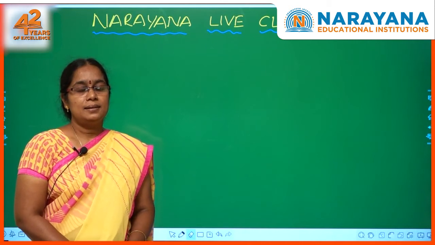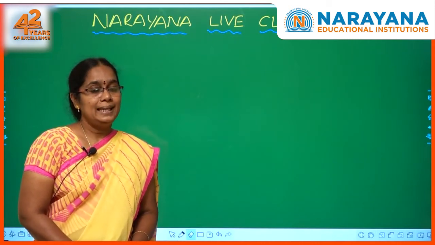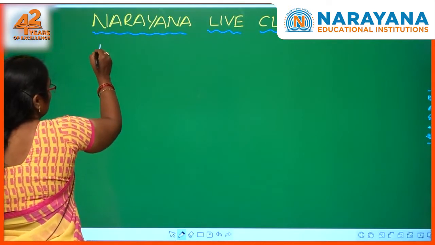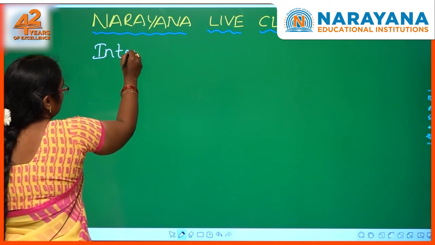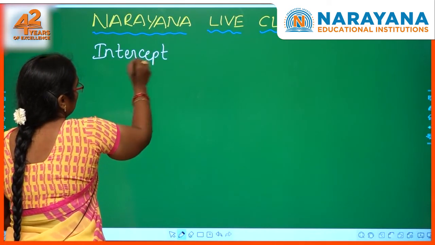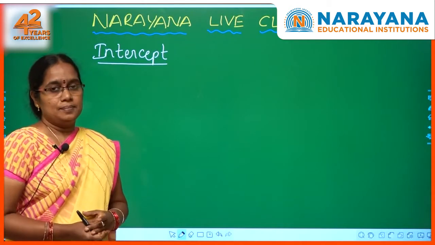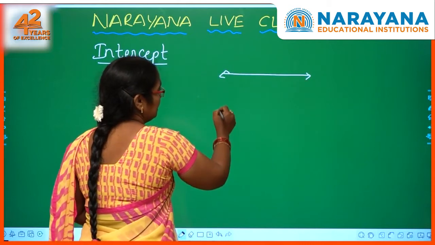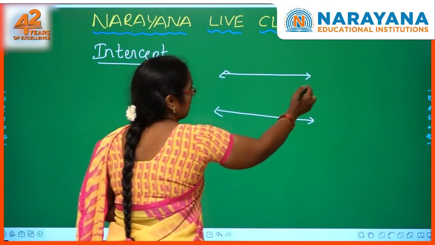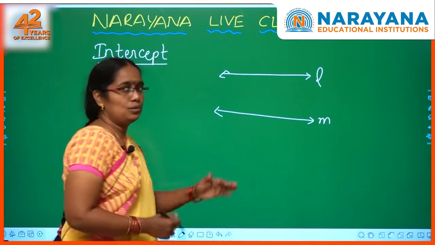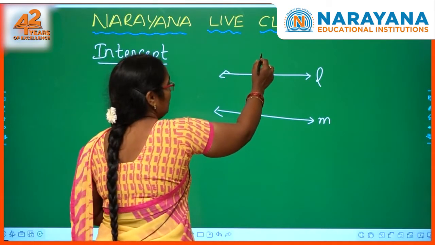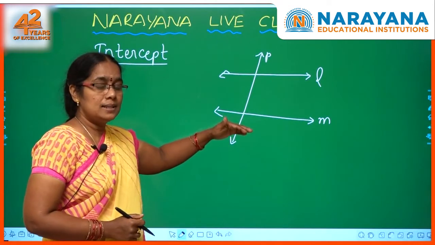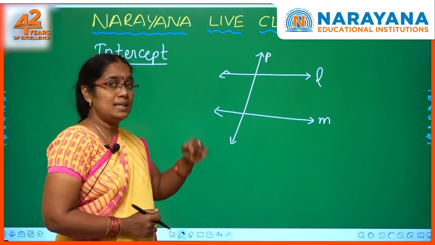In today's class, I am going to explain about intercept. What is intercept? See, if a transversal intersects two lines at distinct points, L and M are the two lines which are intersected by a transversal P, then the transversal intersects L and M at two distinct points, isn't it?